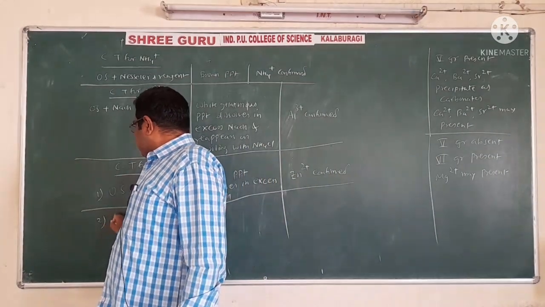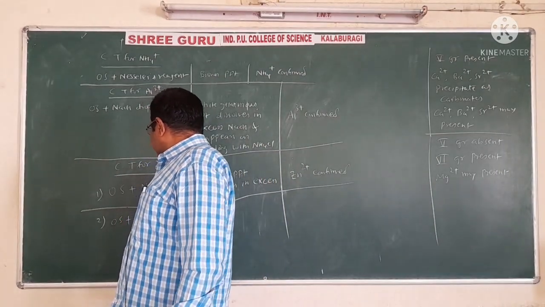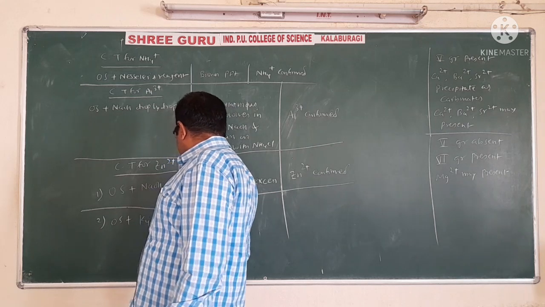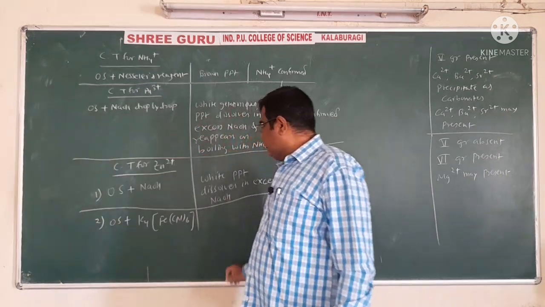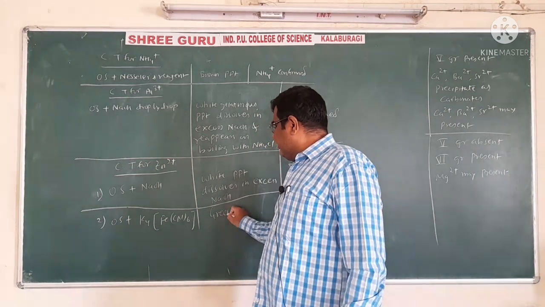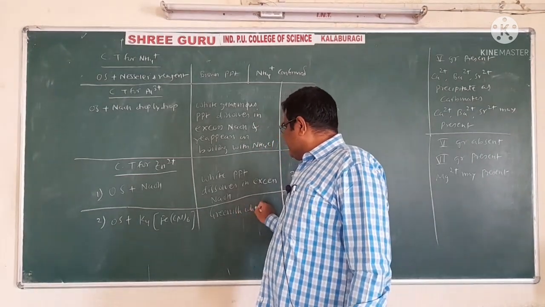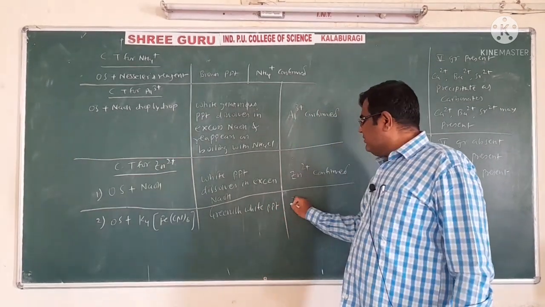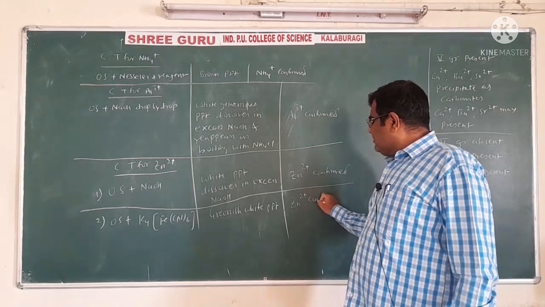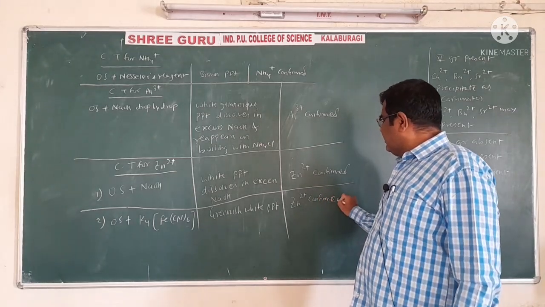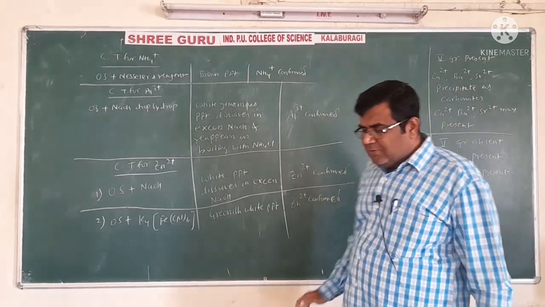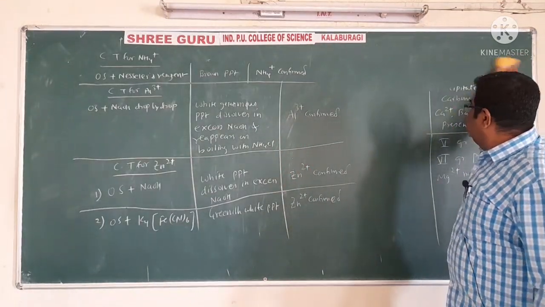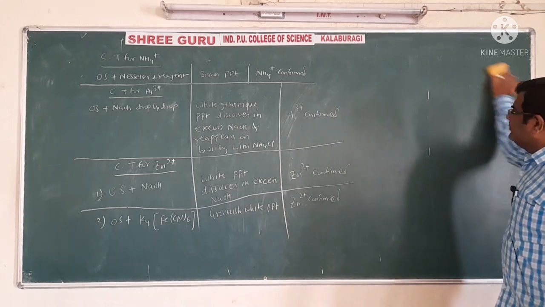Then another is we have to take OS plus potassium hexacyanoferrate. We have to add, and what do we get? If we get a greenish white precipitate, then our inference is that the zinc radical is confirmed. So this is about the CT for zinc dipositive radical.